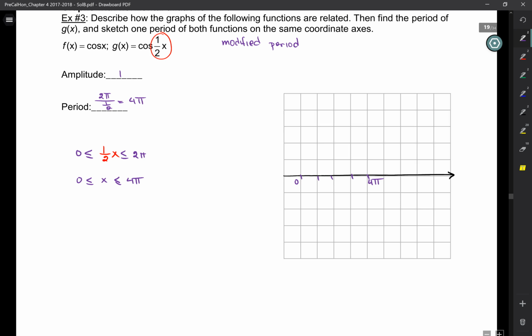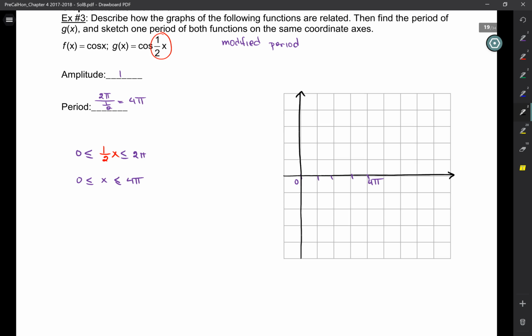Okay? Now I know where the y-axis goes. No. It's always 5 critical points for a sine and cosine function. Always 5 critical points. Okay?